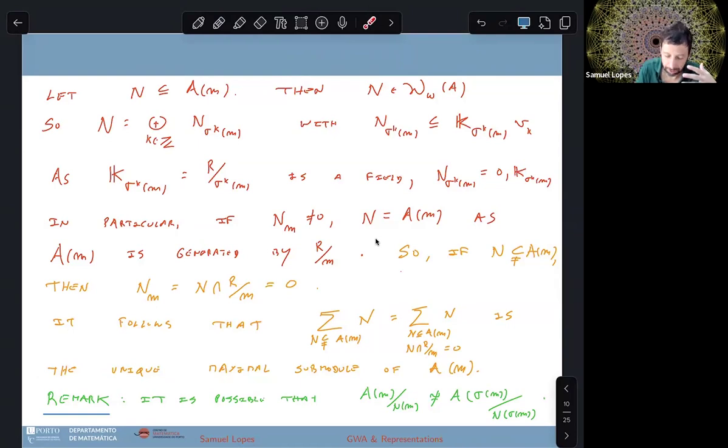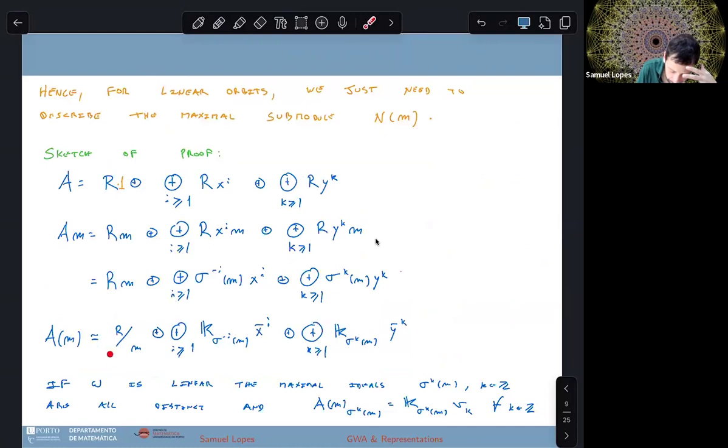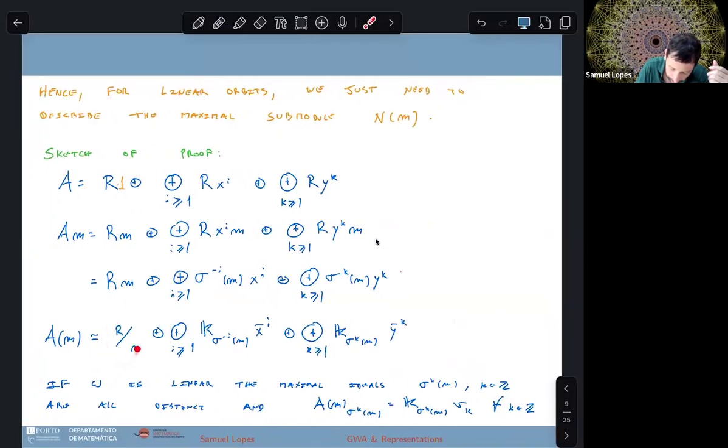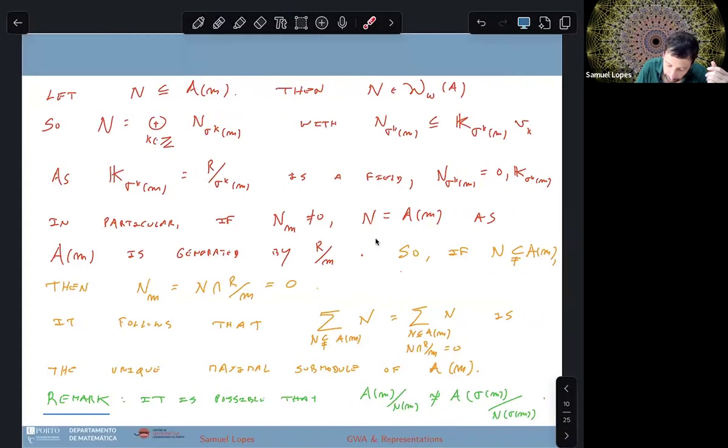Well, let's recall that this module A of m is actually generated by this element, which corresponds to the class of 1 in the quotient. So clearly, if the weight space of N corresponding to m were not equal to 0, then it would be equal to everything, R mod m.